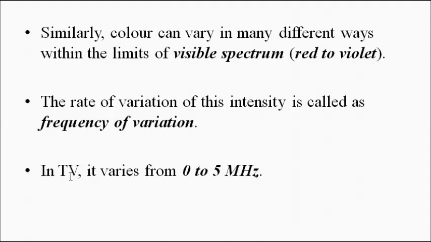Generally in TV it varies from 0 to 5 megahertz, so that it has a soothing effect. Any more than that will be very disturbing, or not very good to watch.